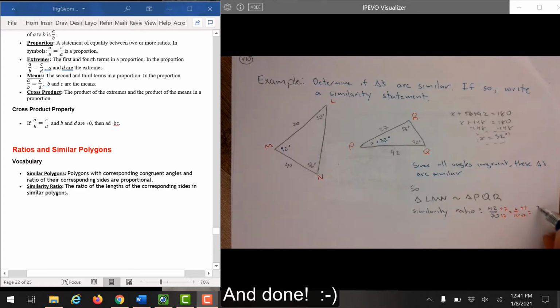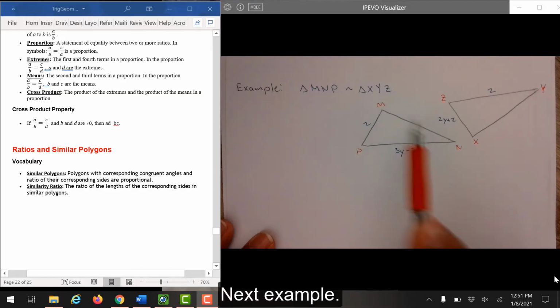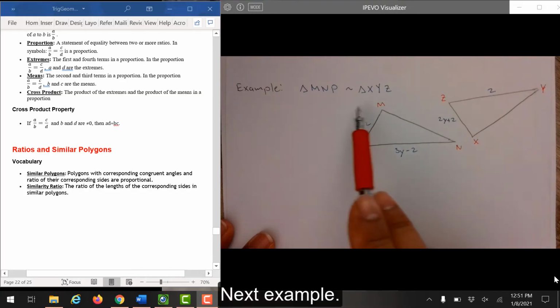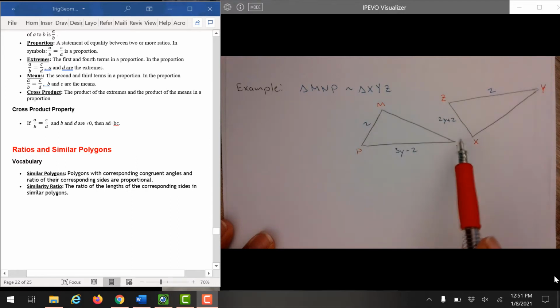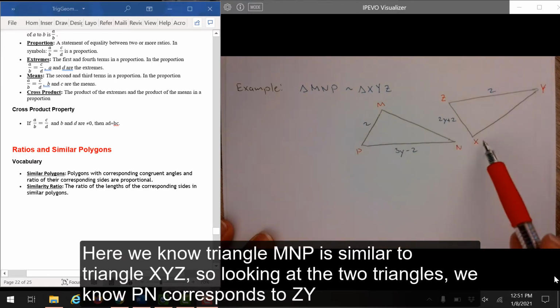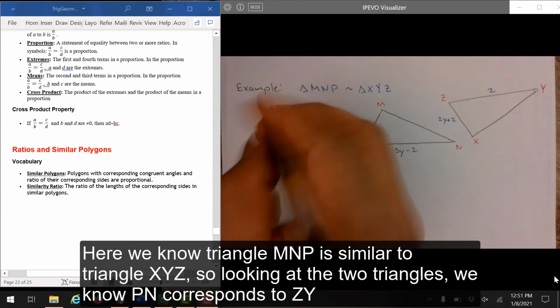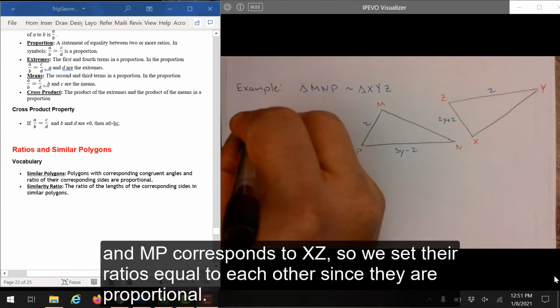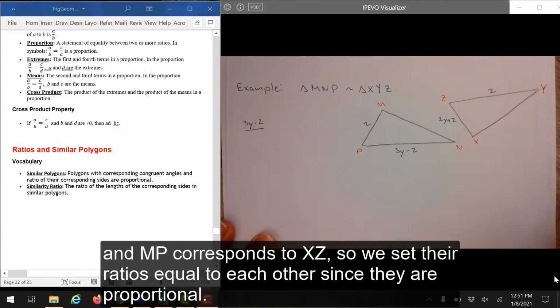And done. Next example. Here we know triangle MNP is similar to triangle XYZ. So looking at the two triangles, we know PN corresponds to ZY and MP corresponds to XZ.